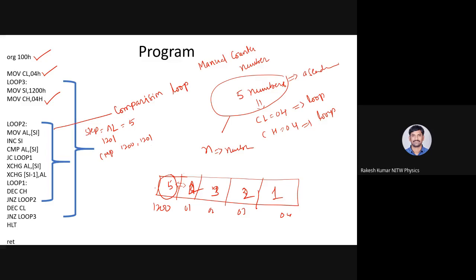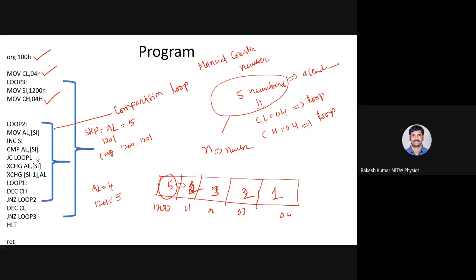So when it compares 5 and 4, the next instruction is JC loop 1. So what is JC? Jump carry. Is there any carry here? No, sir. So when there is no carry, what is supposed to execute? Exchange. When it exchanges, what happens here? AL becomes 4 and 1201 becomes 5.